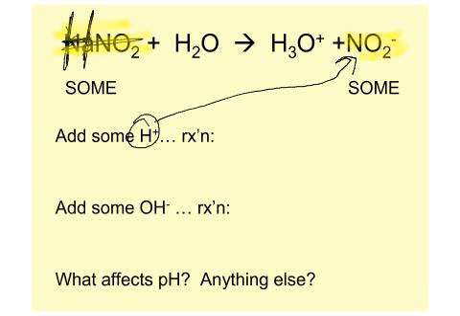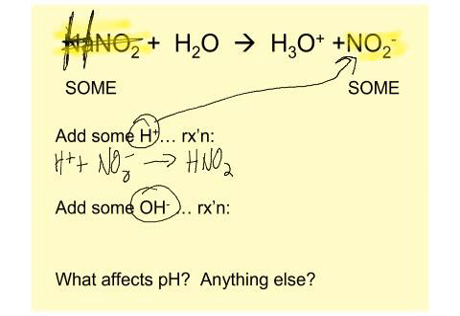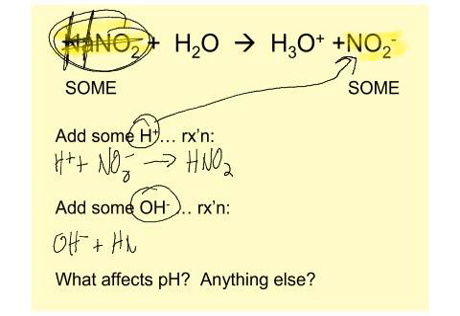Positives like the negatives. So H positive plus NO2 negative gives you HNO2. If I have an OH negative in a reaction, OH negative is going to be attracted to a positive thing, or it's going to be attracted to this acid. So OH negative plus HNO2 will give you H2O plus NO2 negative.